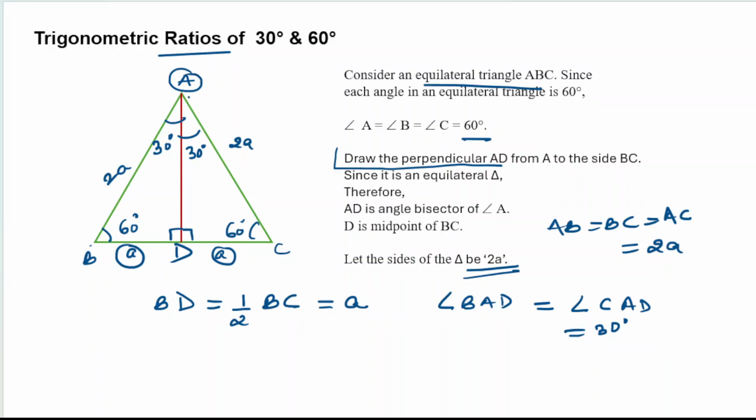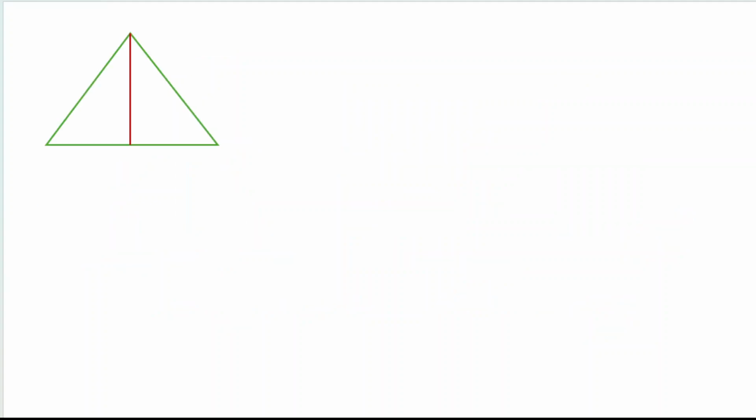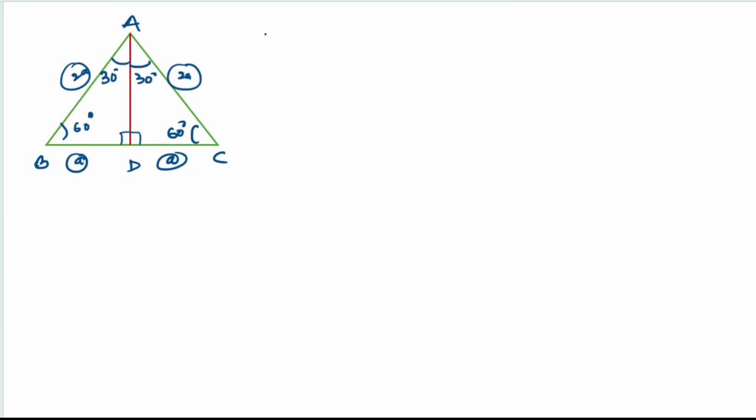So now in triangle ABCD, this is 90 degree, this is 60 degree, this is also 60 degree, this is 30 degree and 30 degree. Okay, this side is A, this is 2A and this is also 2A. Now triangle ABD and triangle ACD, both the triangles are congruent to each other.